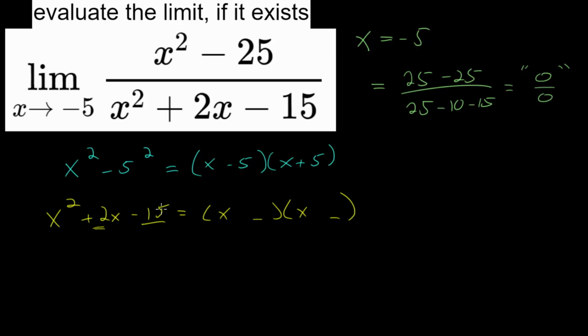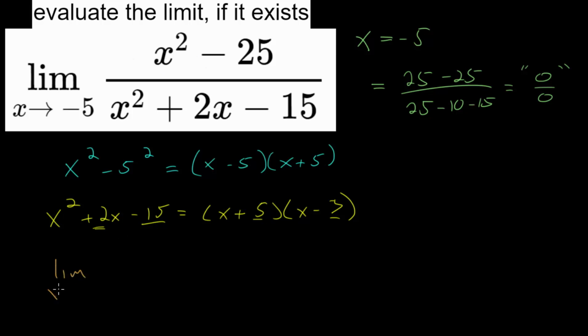And if we look through the factor pairs of -15, we can see that +5 and -3 would satisfy those conditions. They multiply to -15, but they add to +2. And of course, you can check either of these by just redistributing and making sure that you end up with what you started with.